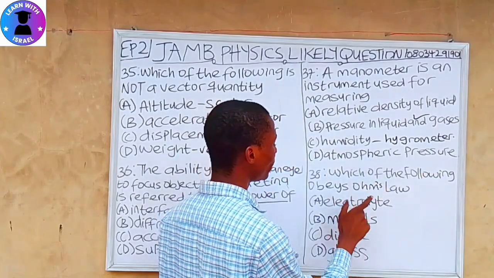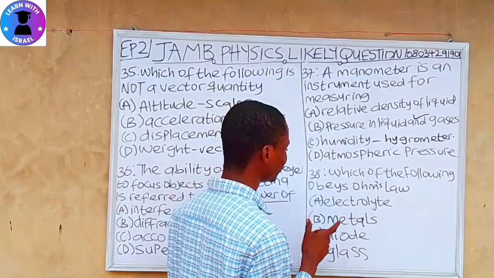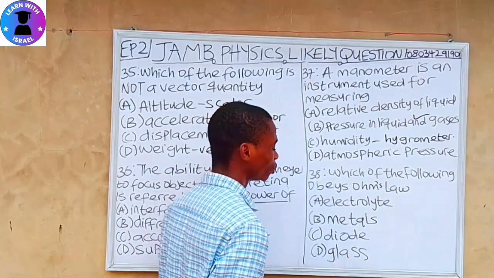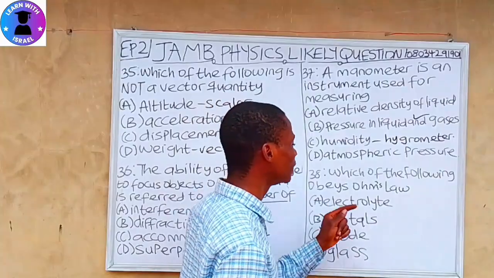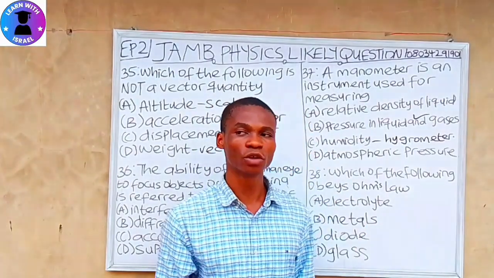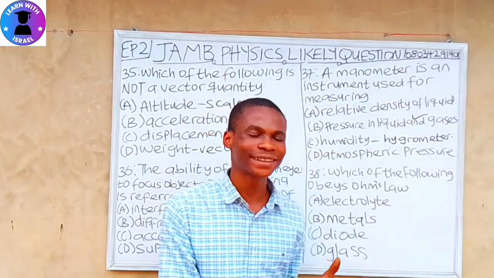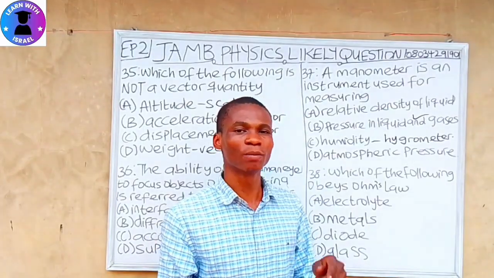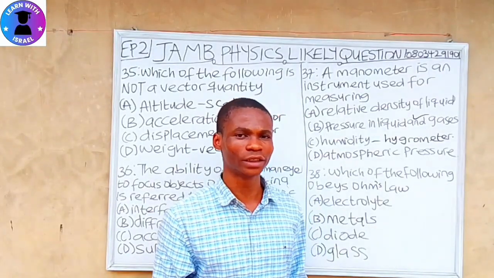So guys, let's check question 38. Which of the following obeys Ohm's law? A. Electrolyte. B. Metals. C. Diode. D. Glass. So out of the options, it is only metals that obey Ohm's law. The current passing through a metal conductor is directly proportional to the potential difference, also known as voltage.